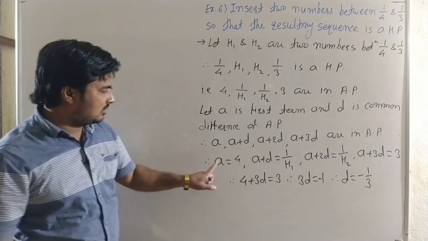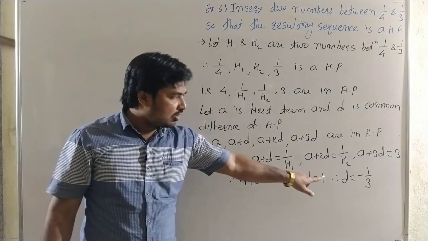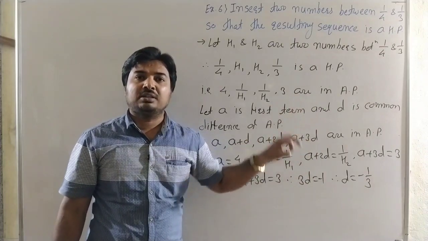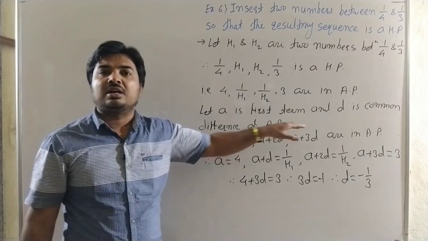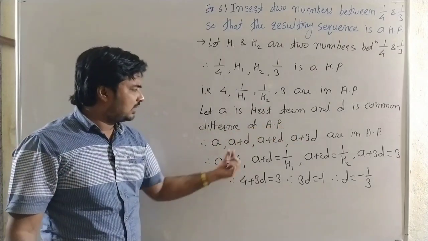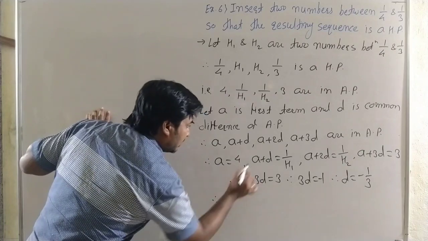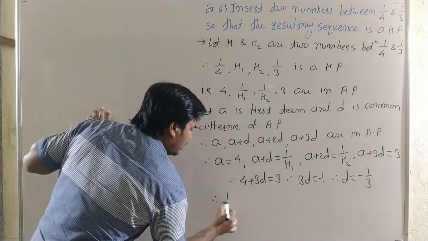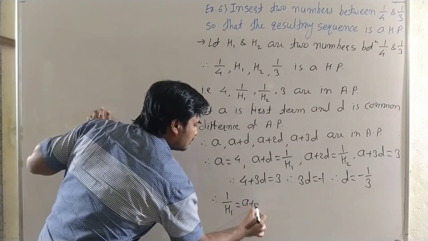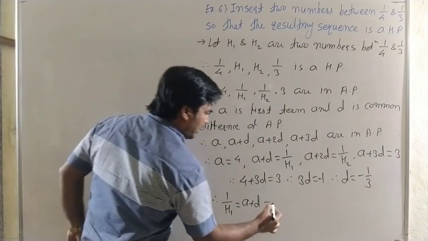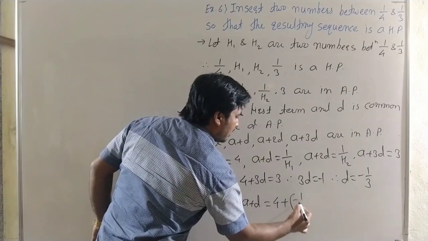Now we know the first term 4 and the common difference minus 1 by 3. Therefore we can find all terms in the arithmetic progression, but we just find the second term and the third term. Therefore here 1 by h1 is equal to a plus d, which is 4 plus minus 1 by 3.